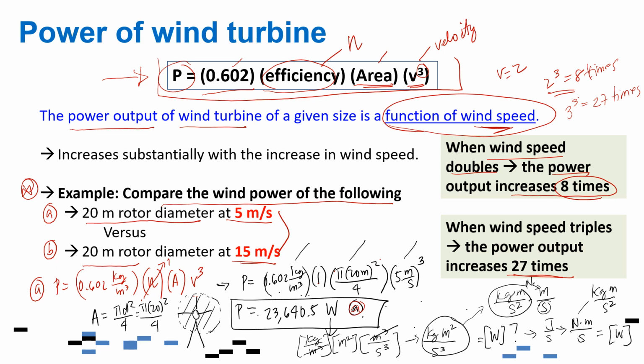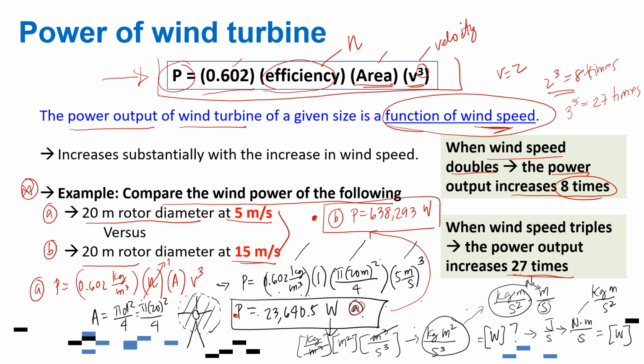And the same formula is used for letter B, but at 15 meter per second. So what is letter B? Power at 15 meter per second is 638,293 watts. If you look at the two, you can see the big difference in terms of the overall power production.